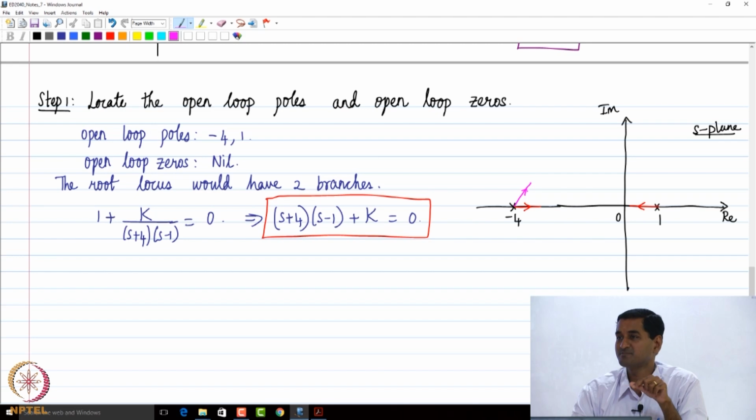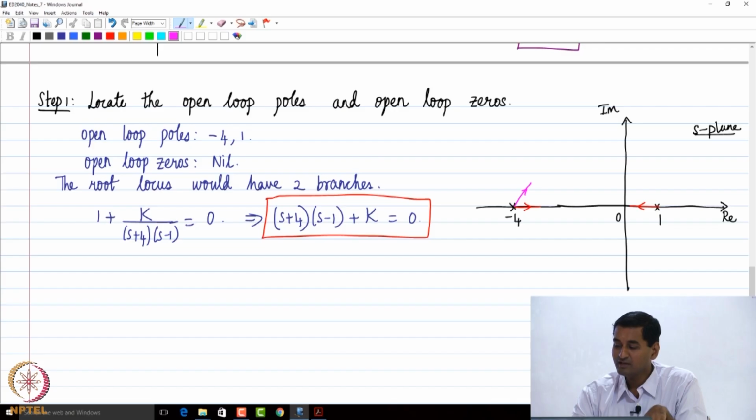I cannot, in this scenario. Why not? Because I am going from the real axis to a complex number, and since we are dealing with polynomials with real coefficients, if I have a complex root, its conjugate must also be a root.